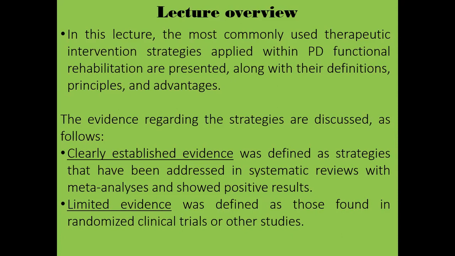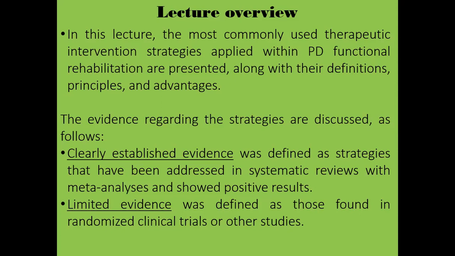This literature consists of three objectives. The first objective mainly focuses on the most commonly used therapeutic intervention strategies applied within Parkinson disease functional rehabilitation, presented along with their definition, principle, and advantages.